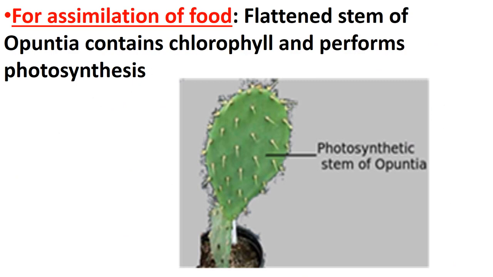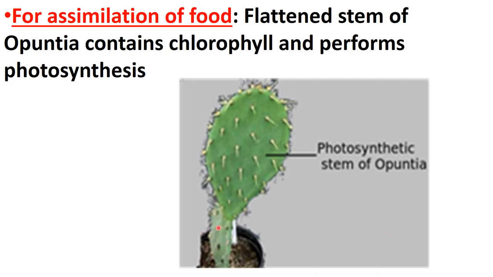Now the next type of stem modification is for assimilation of food. Some stems get modified, change their shape and become photosynthetic. Generally photosynthesis is performed by the leaves, since chlorophyll is present in leaves, but in some plants the stem also performs photosynthesis.